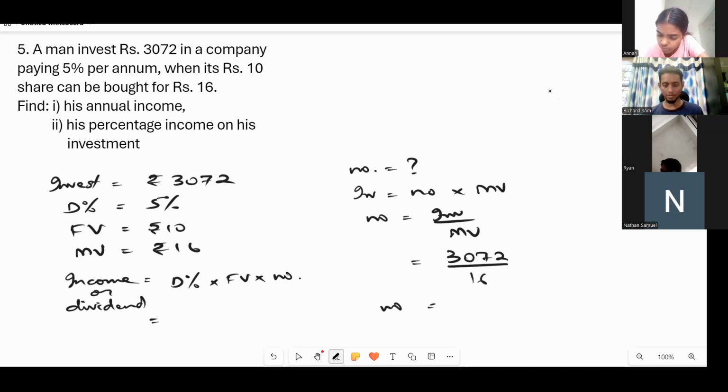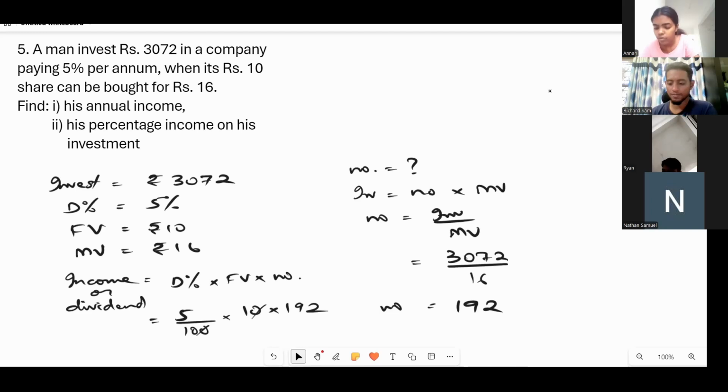So the number of shares he bought is 192. You all get that? And then his income is 5%. That means 5 upon 100, dividend, into 10 into 192. Number of shares is 192.